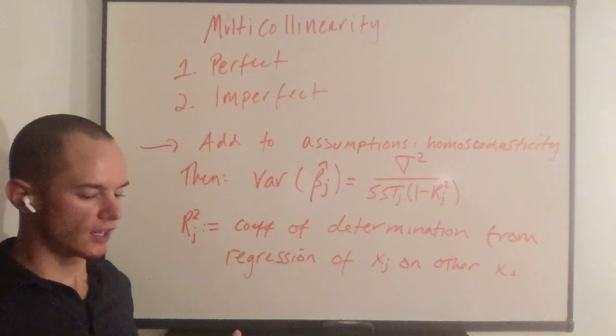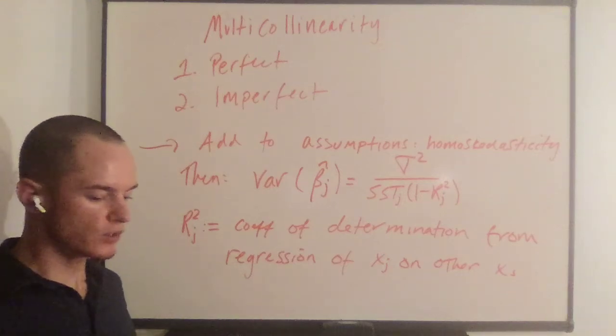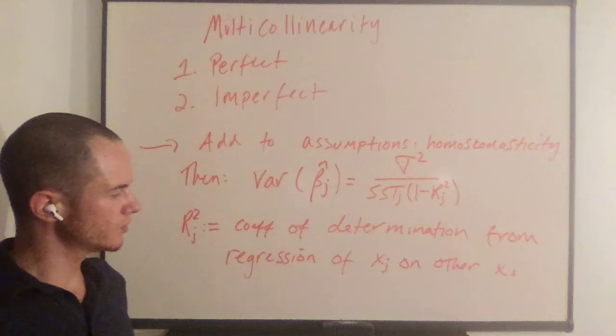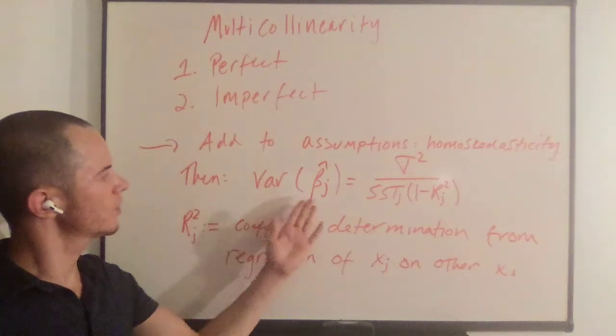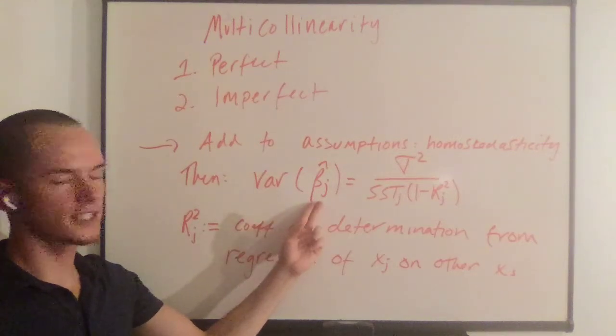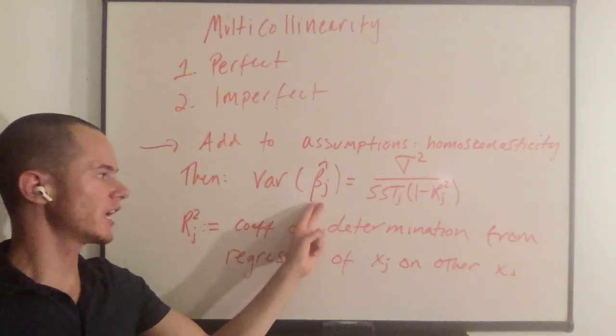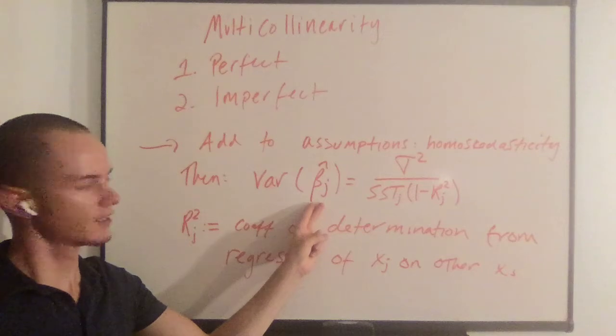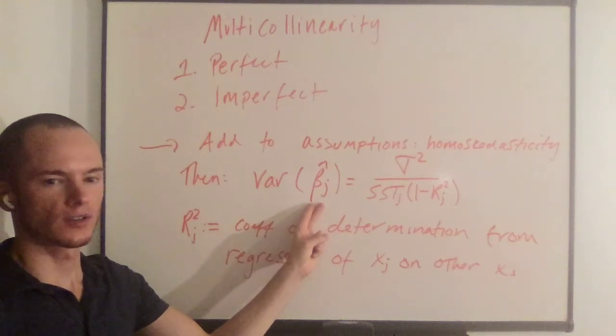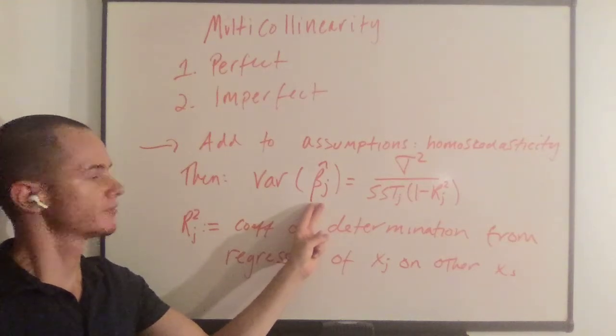Well, what we're trying to identify is this partial effect beta j, holding constant the other effects.